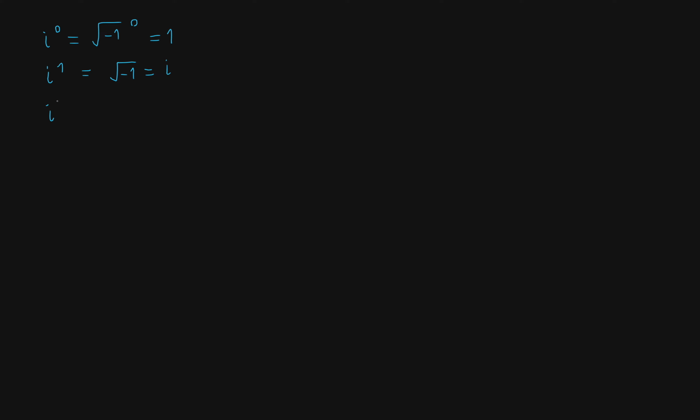If we have i to the second power, this is basically the square root of negative 1 squared, which is just equal to negative 1. Now, i to the third power is just i times i to the second power, so i times negative 1, which is negative i.